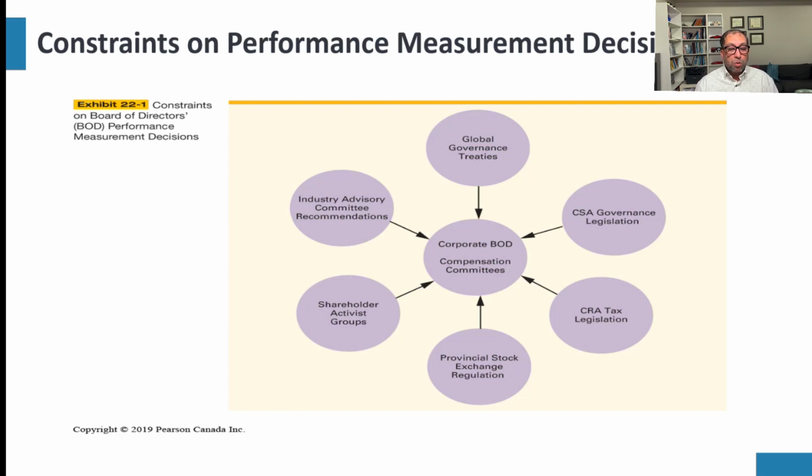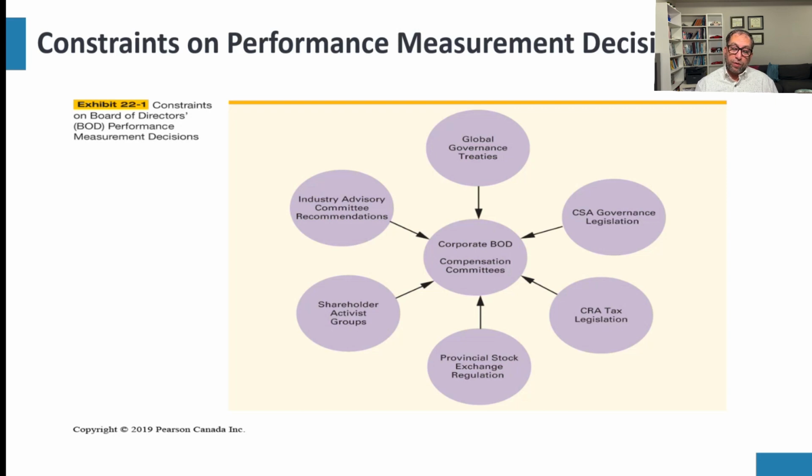And what are these outside environment factors? Global governance treaties. There must be treaties with other countries, of the parent country, the country in which the headquarters, the main corporation or parent company, is registered.